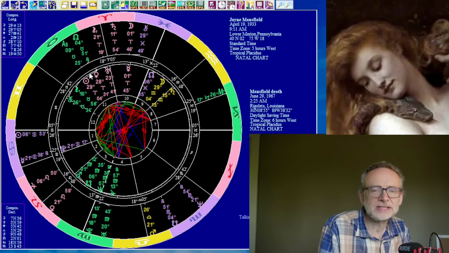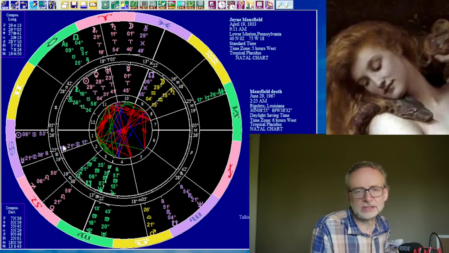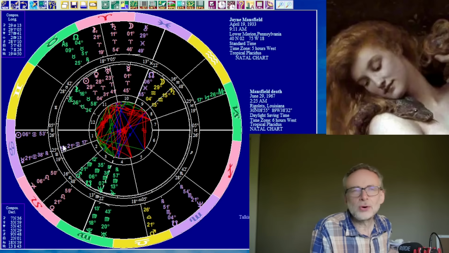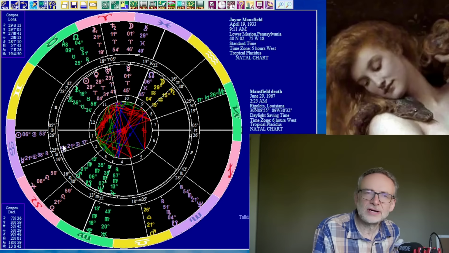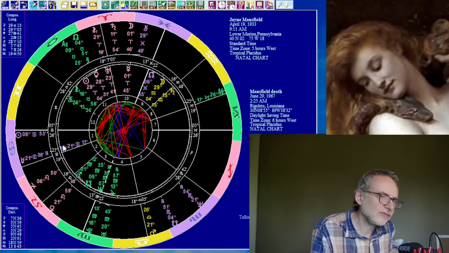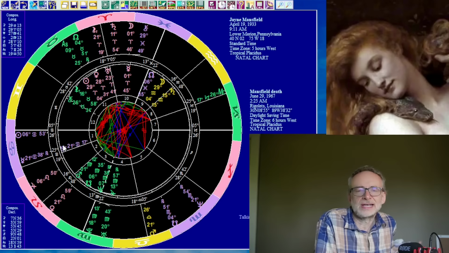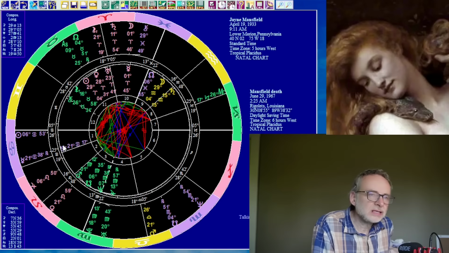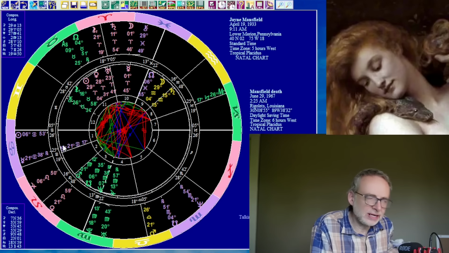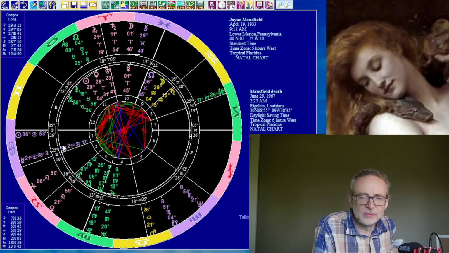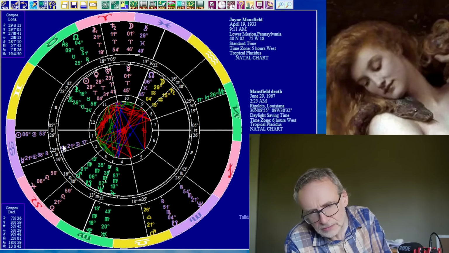But we had this T-square, and it was exactly hitting Jayne Mansfield's natal Pluto. Now, normally I wouldn't be too worried about natal Pluto being transited, but maybe because she was a star. If you're a famous person, your Pluto does become more important because you become more part of a collective. And maybe this particular representative of the collective was changing, and she was surplus to requirement. So perhaps this was a time when she had to go.